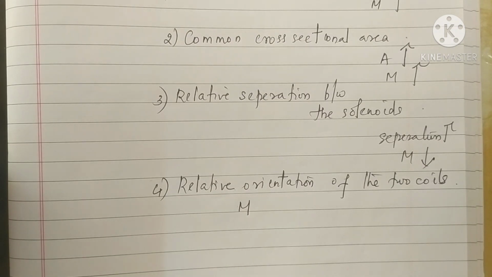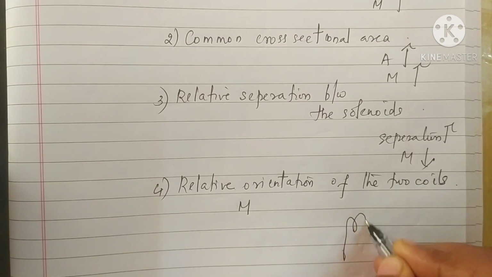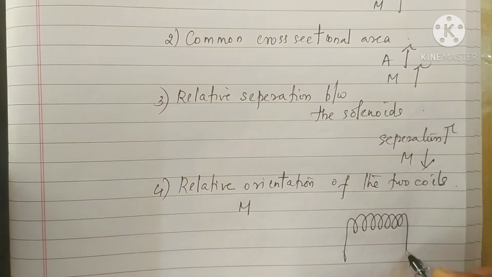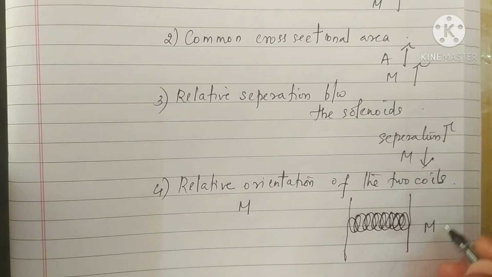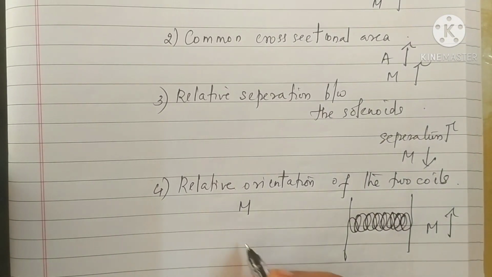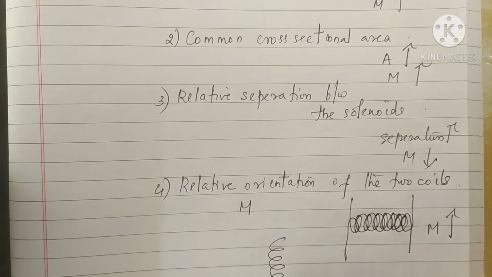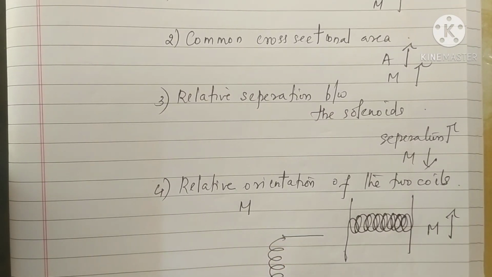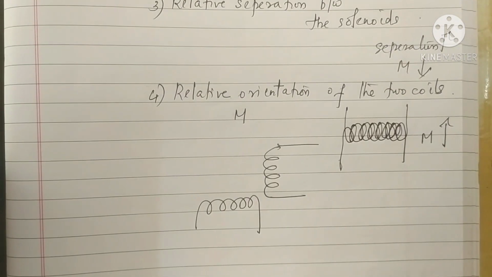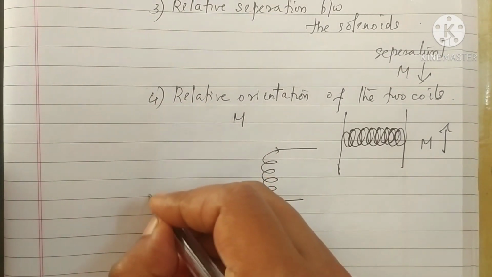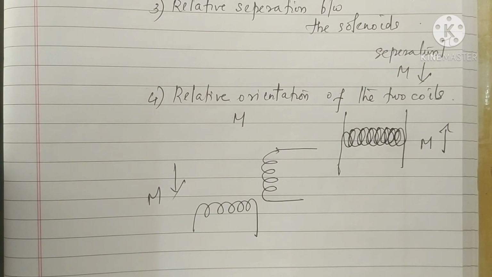And M is minimum when the two coils are perpendicular to each other. Understood? Here the value of mutual inductance is minimum.